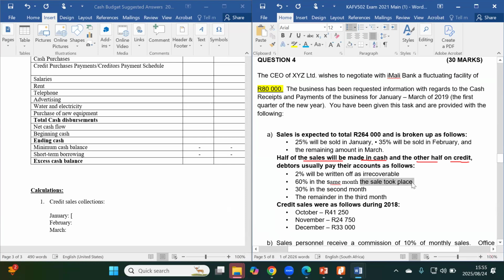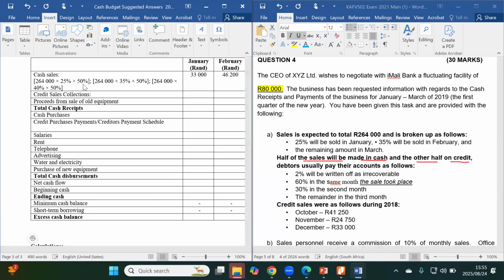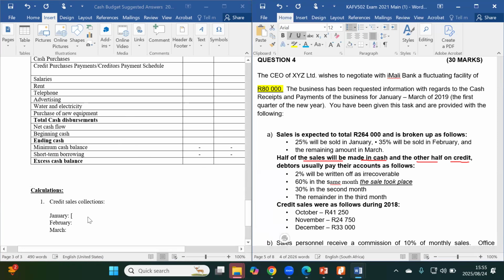Very important information. So now, if I'm dealing with January, we already have this calculation, which is 33,000. That's already 50% of the total sales. And that's what also makes up what? Credit sales.